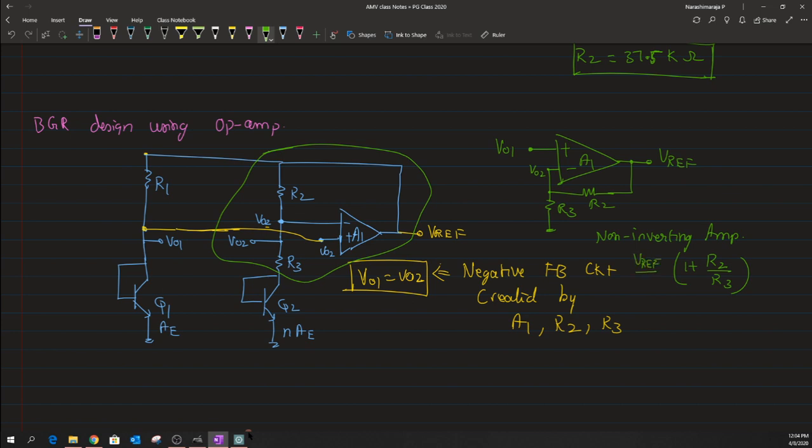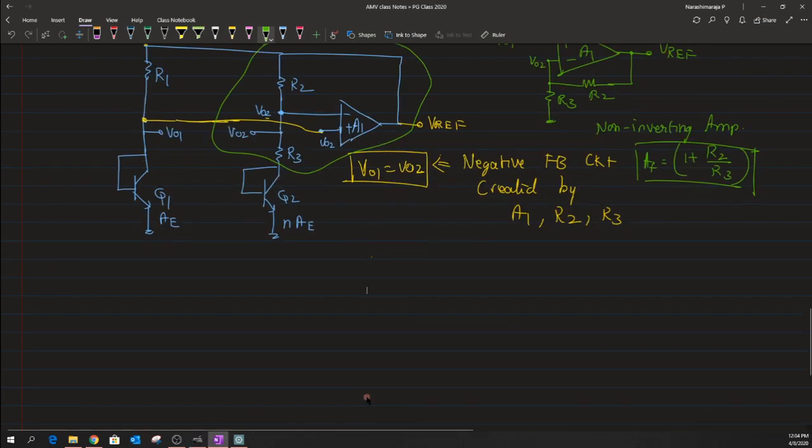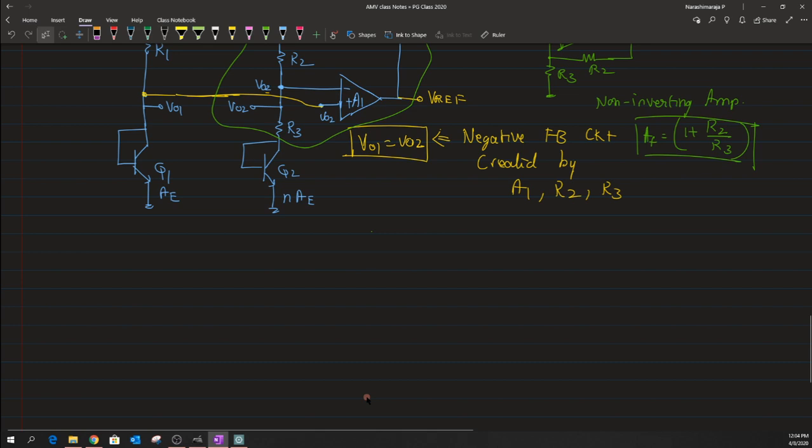V reference divided by the difference in this potential is said to have this, or I can write it as closed loop gain. Now let us discuss how this works and how we would ensure that everything works fine in the way that we want it.